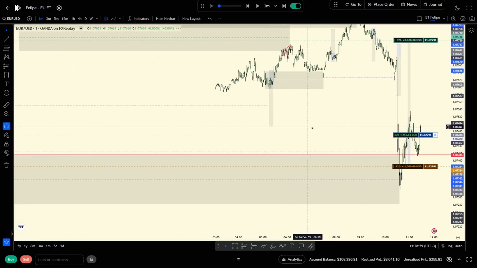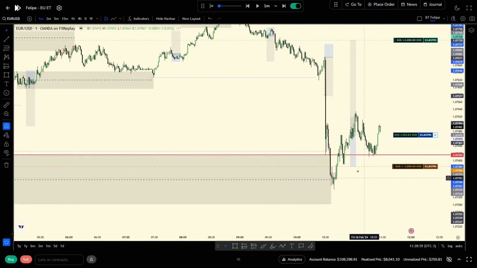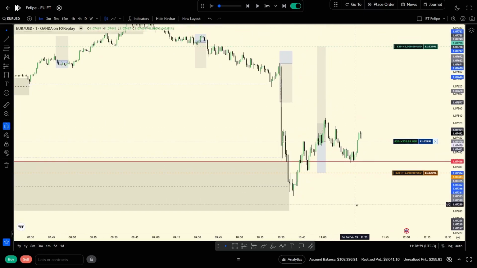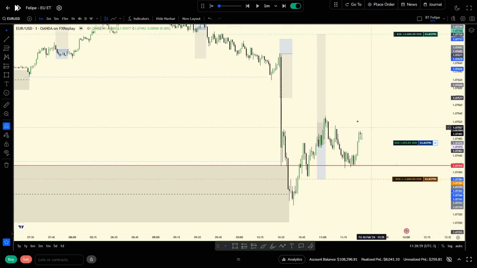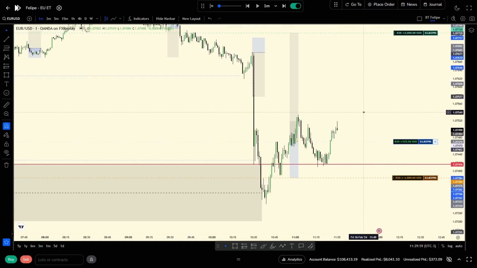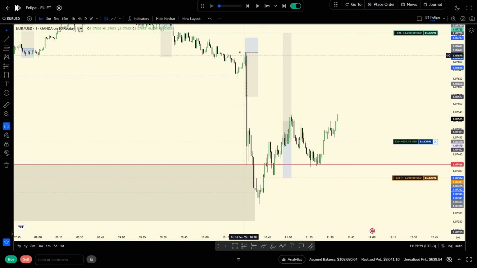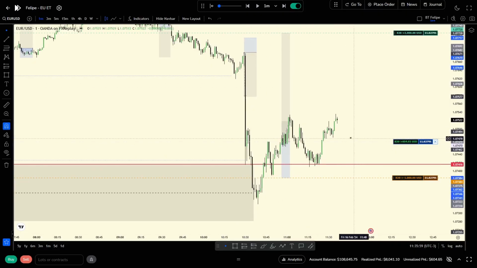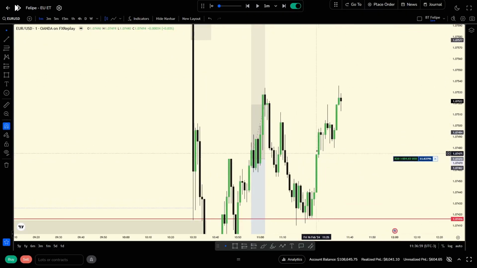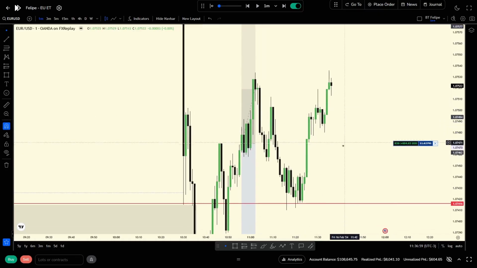Took some liquidity, so maybe price can go since it went straight down. After news, price can do whatever it wants. There's no kind of rule to keep going down or keep going up. There's another one here.